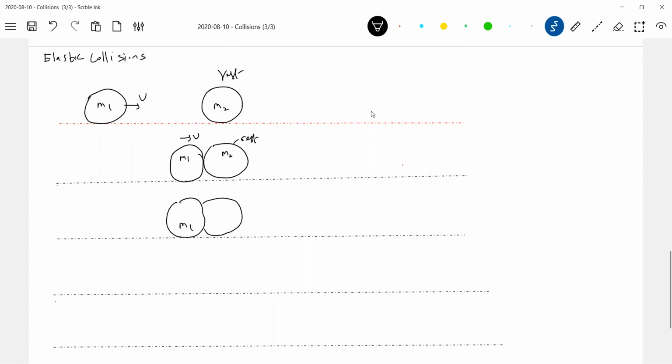So here, this is M1, M2, and impulse will start acting here. The moment impulse starts acting, this will acquire some velocity, say V1 dash, and this will start moving V2 dash. And see that I have shown some deformation. They'll undergo deformation, then like this, the deformation will continue.